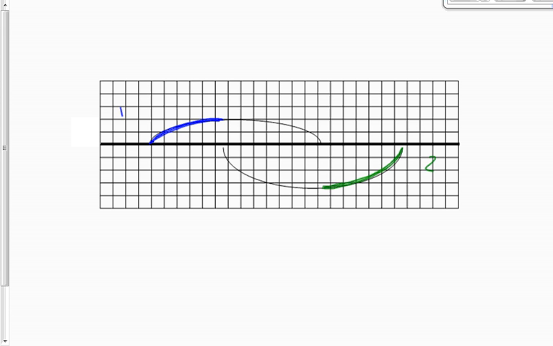Wave number 1 is 2 above. Wave number 2 is about 1-ish below. Where do you think we're going to put the X? Bruce? About 1 above. Right? 2 subtract 1, or 2 plus negative 1 gives me 1.